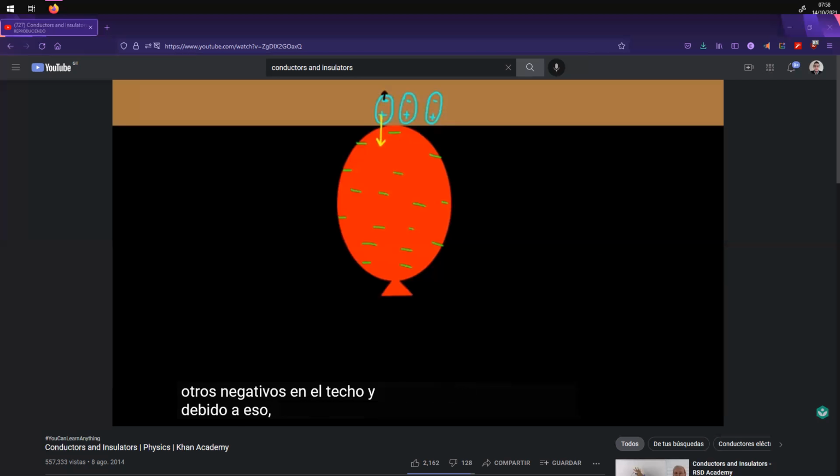And because of that, the ceiling is attracting the balloon, and the balloon is attracting the ceiling with greater force than the negatives are repelling, so the balloon can stick because of the insulating material's ability to polarize and cause an electric attraction. This is what I said earlier. Even if it's an insulator, sometimes it can interact with something electric because the atom can shift and polarize.